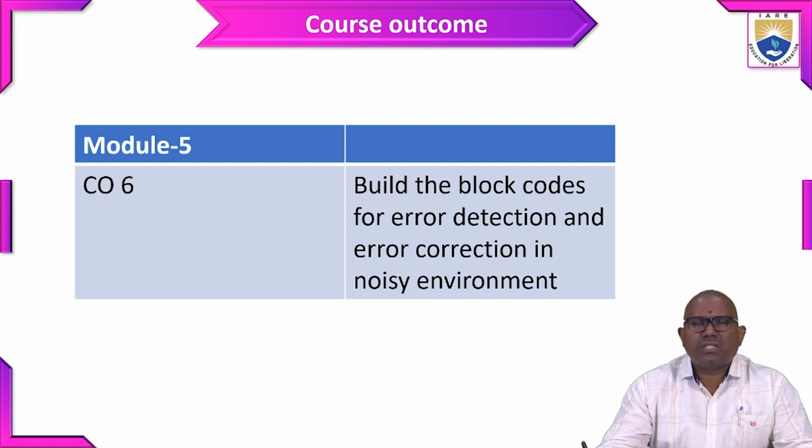This is the second part of module 5, which covers block codes. Cyclic codes are also in this module, but cyclic codes come under the subclass of block codes. That's why CO6 deals with block codes only. So we are going to build the block codes for error detection and error correction in a noisy environment.